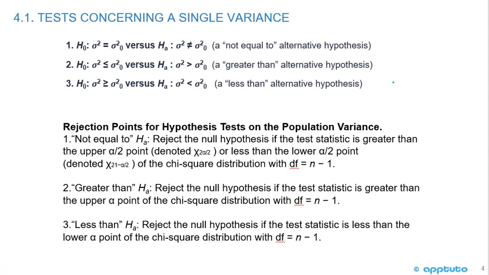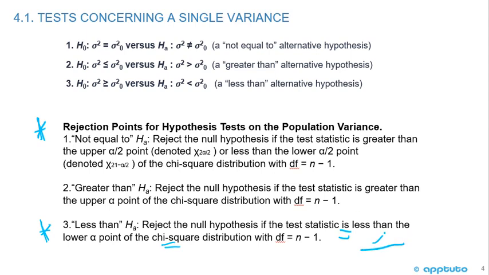Okay, before we work through the example, this is a very important slide because it's talking about the rejection points for the hypothesis tests on the population variance, okay? I'll start at the bottom and then work my way back up. You can see that in a less than hypothesis, you reject the null hypothesis if the test statistic is less than the lower point of the chi-squared distribution.